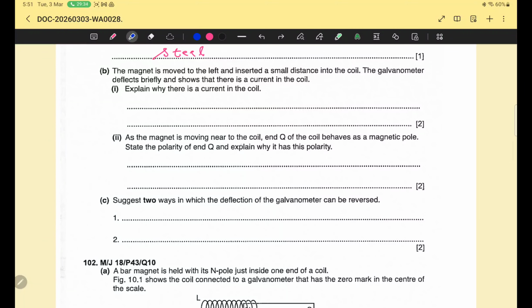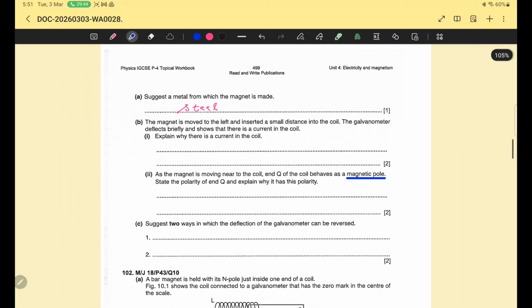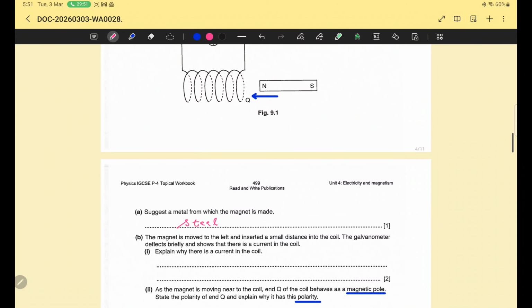As the magnet is moving near to the coil, end Q of the coil behaves as a magnetic pole. Navia, it is your question. Can you tell me which magnetic pole is produced? State the polarity of coil Q. Which magnetic pole is produced at this end? Yes, you are right.